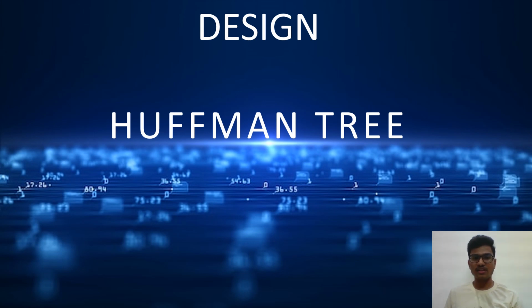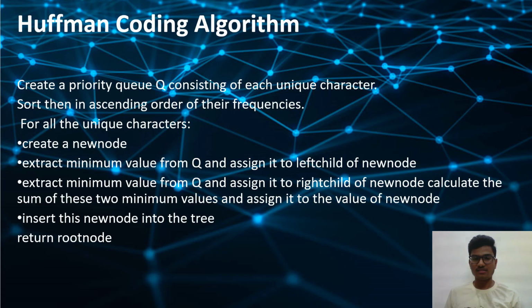Now, coming to designing of the Huffman tree. We'll first know about the algorithm. In this Huffman tree, we first create a priority queue, capital Q, consisting of each unique character. Then we sort them in ascending order according to their frequencies. For all unique characters, we create a new node.